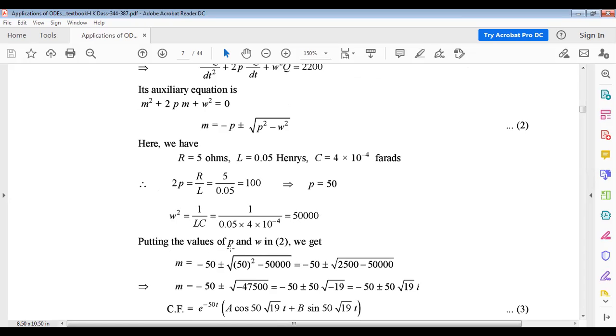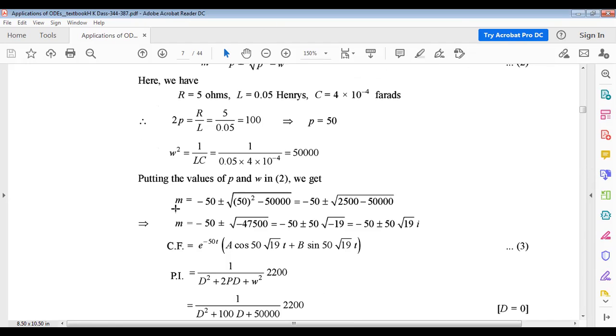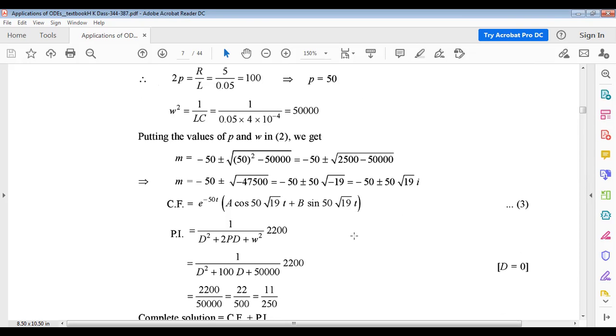So putting the values of p and omega in this, the roots will be m equals plus minus this one into i. I is the imaginary number here. Remember it, not electricity. I is not electricity. I is the imaginary number.